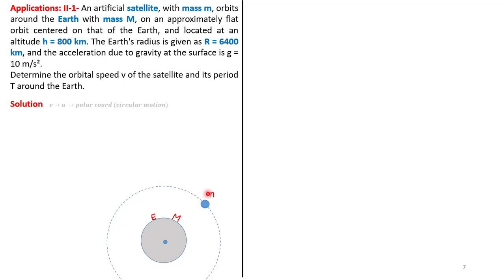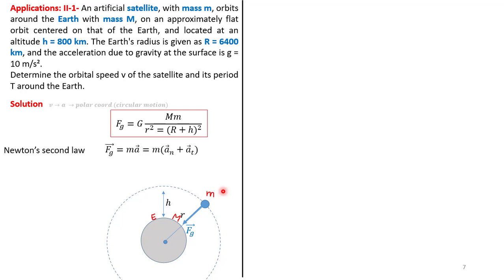And so let's start with the fundamental relation of dynamics. It states that the sum of forces equals ma, and the only force acting on the satellite is the gravitational force Fg, and it's equal to ma.